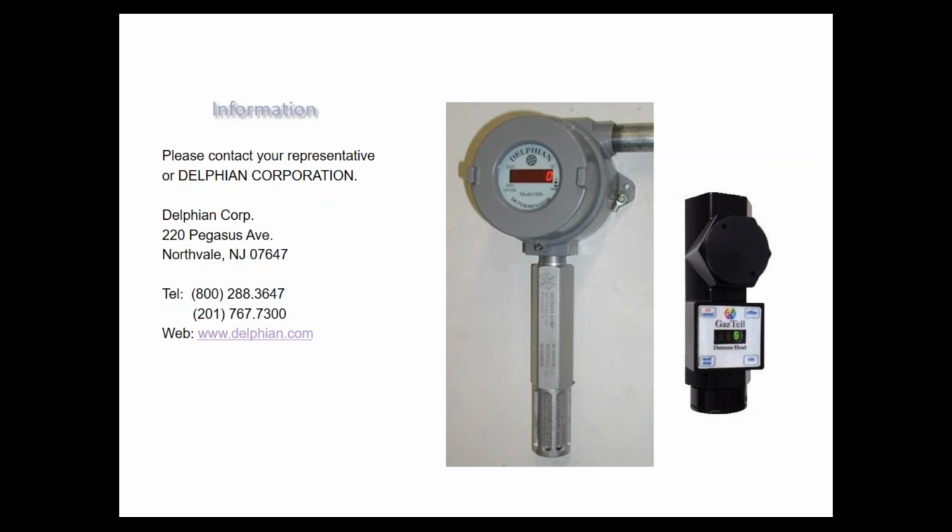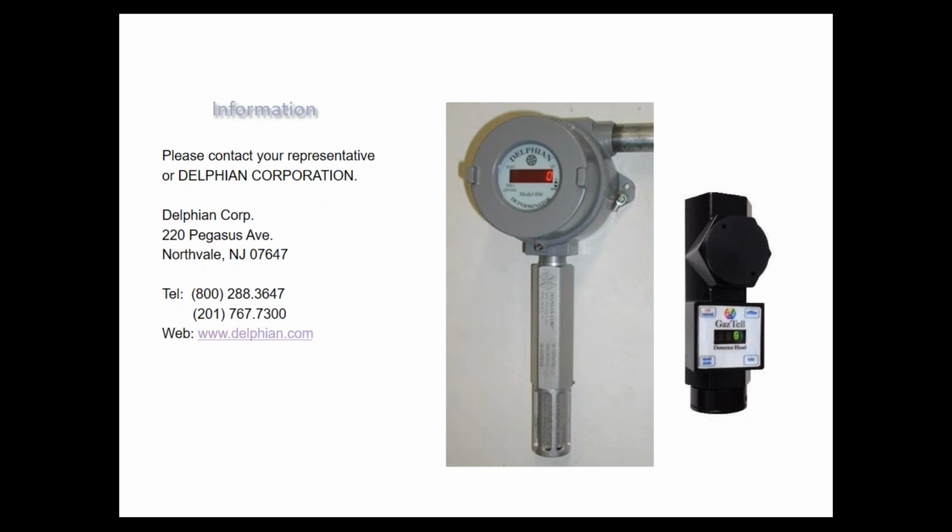However, with oxygen, that was taken into consideration during the manufacturing and design of the electrochemical cell. So when we sell an oxygen cell, we expect it to see 21% oxygen as its norm, and we expect it to last 2 to 3 years.